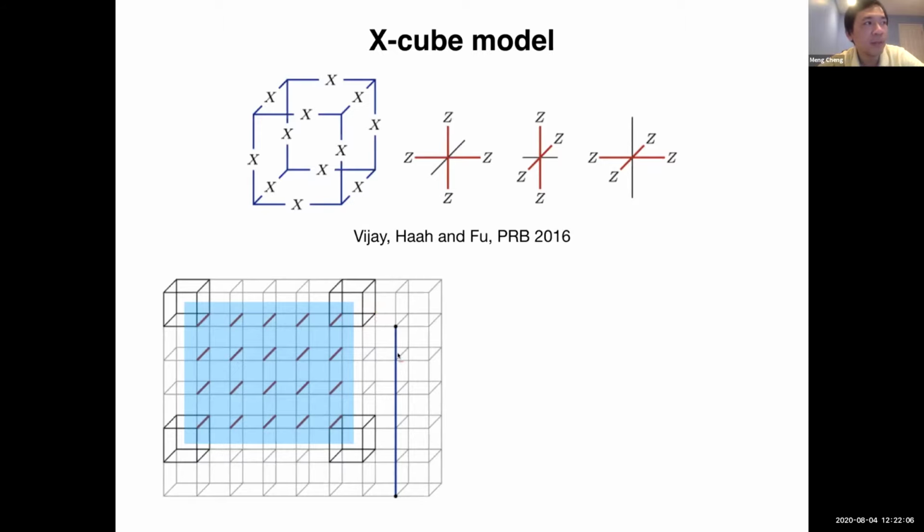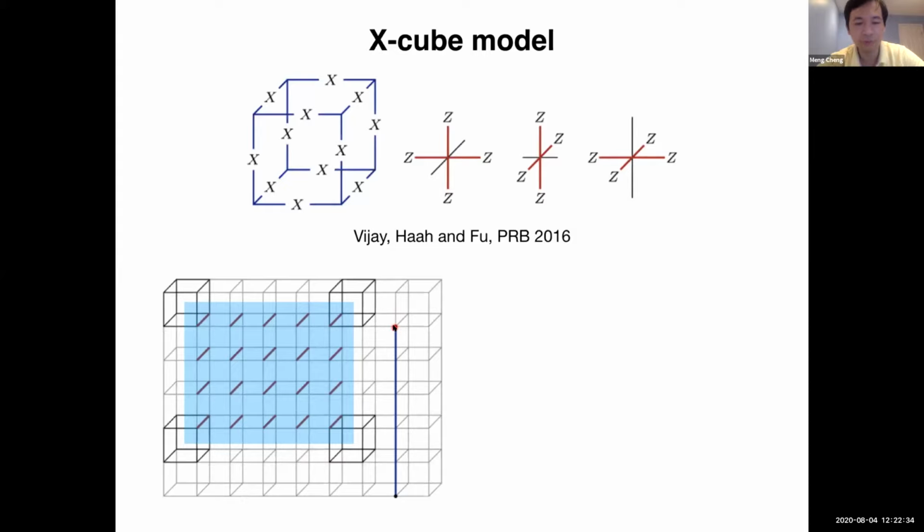Now, the other kind of excitations are the violations of these Z terms. And it turns out that now you can create a pair of them by a string operator along this blue line. However, you can only do this along this line. You cannot make a turn. When you turn it to a different direction, you have to generate additional excitations.